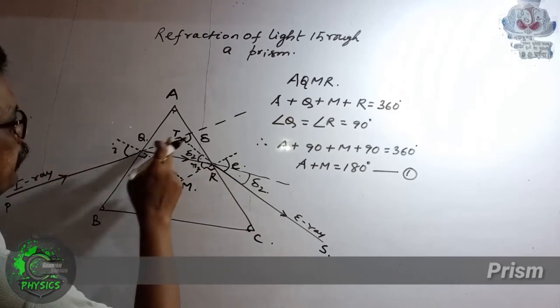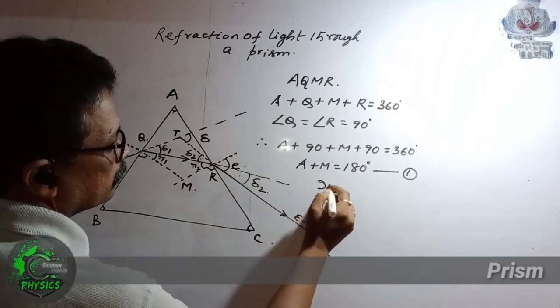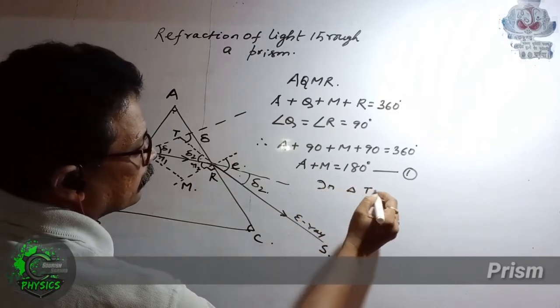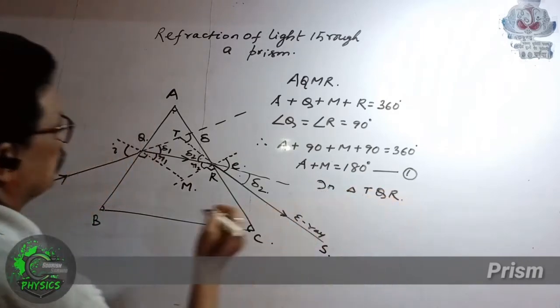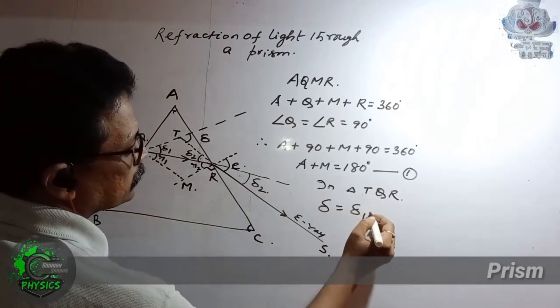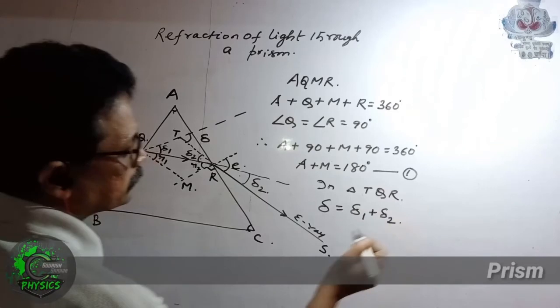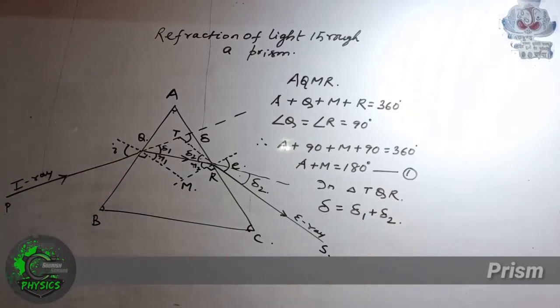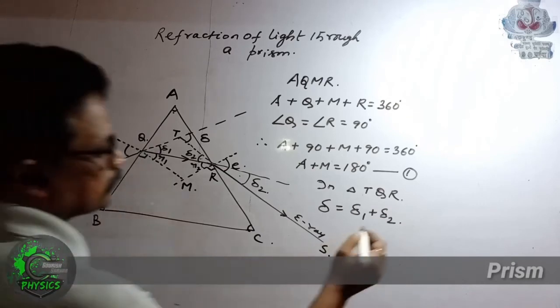Now in triangle TQR, we can write exterior angle delta equal to the sum of interior opposite angles, delta 1 plus delta 2. This is equation 2.